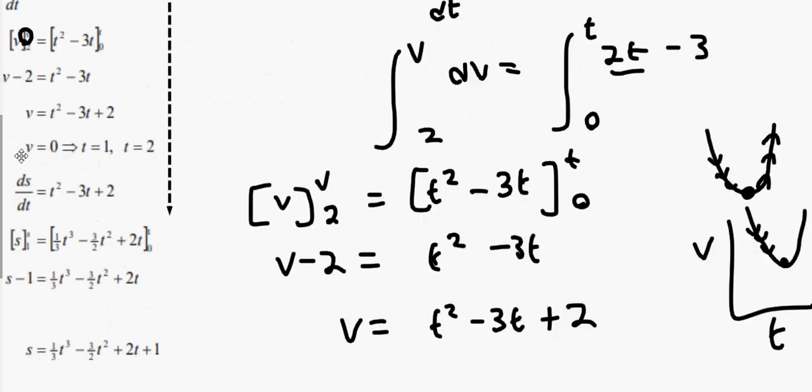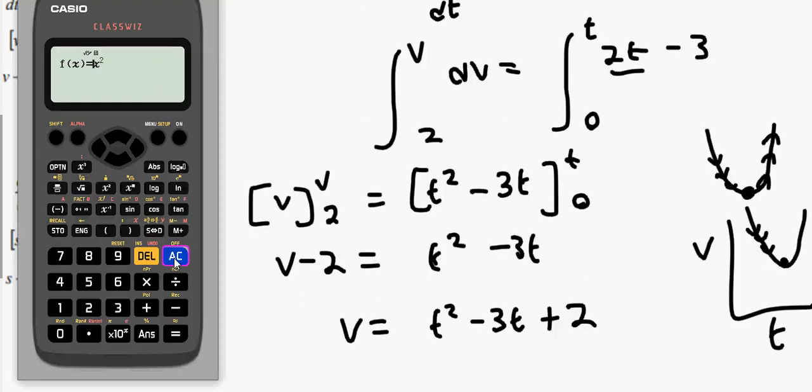You know me, I'm very reliant on this thing, but I'd have a quick peek at it just to explain to myself exactly what's going on with this function. I only have to be worried about positive x's, okay? Because time can't be negative.